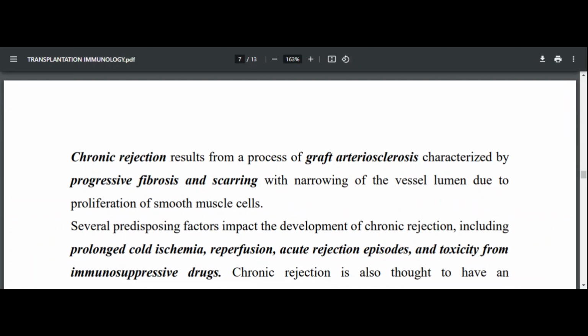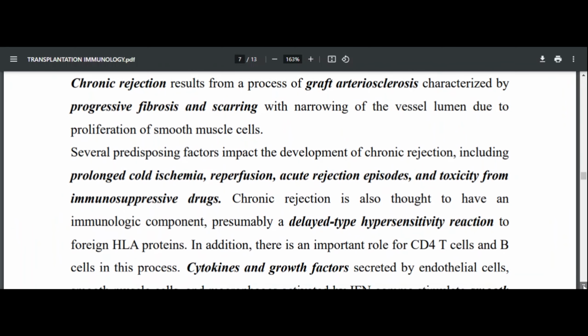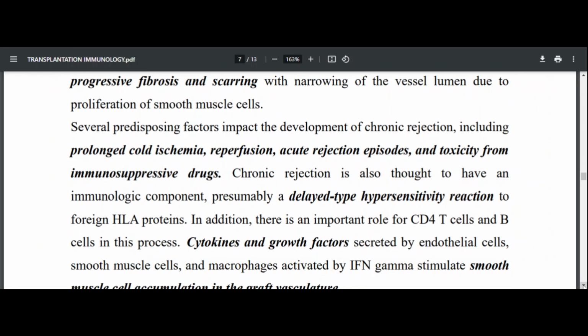Several predisposing factors may impact the development of chronic rejection, including prolonged cold ischemia, reperfusion, acute rejection episodes, and toxicity from immunosuppressive drugs. All of them can contribute to chronic rejection.